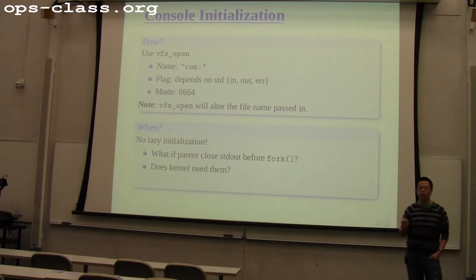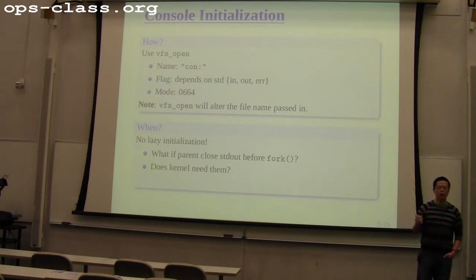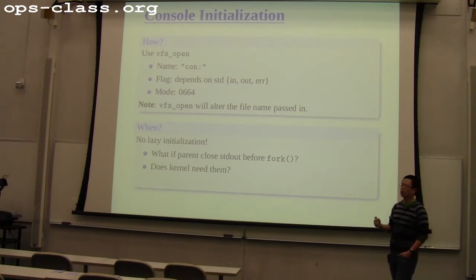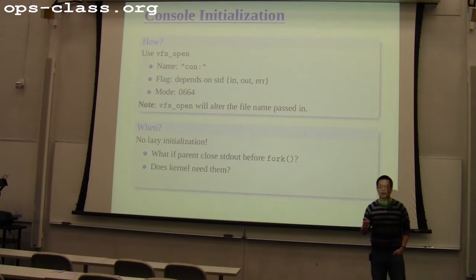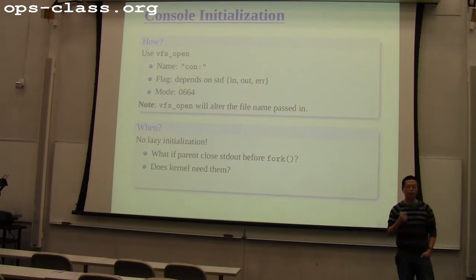So the right way to do it is you open the console files just for the first user thread. And all the following user threads just inherit the console files from the first user thread. That way you don't open the console multiple times and you just increase the reference count of the file handle for the console, right?